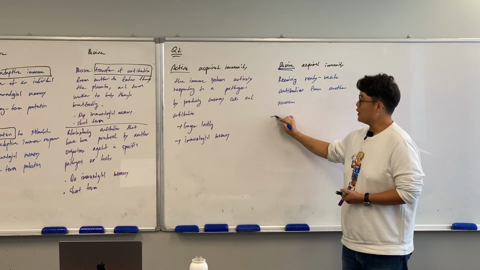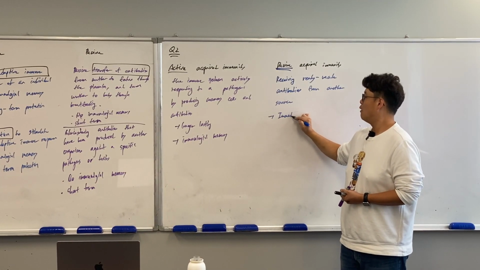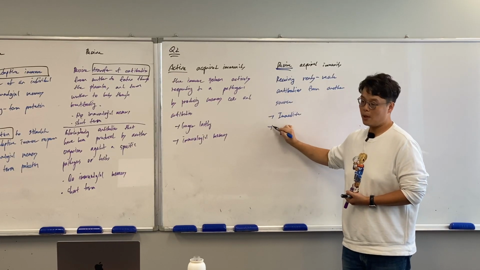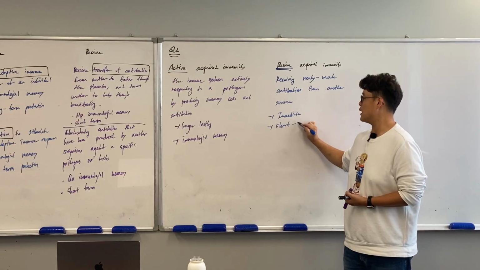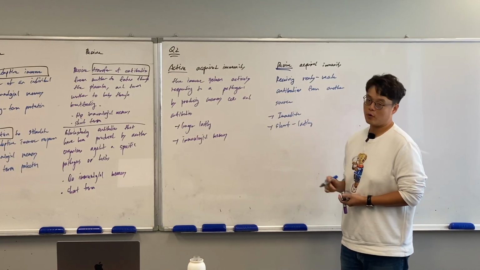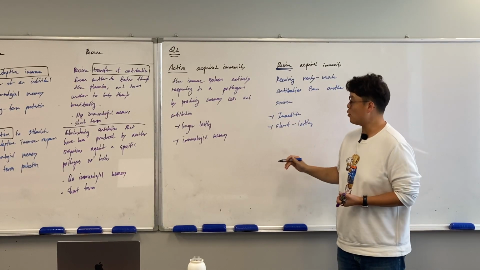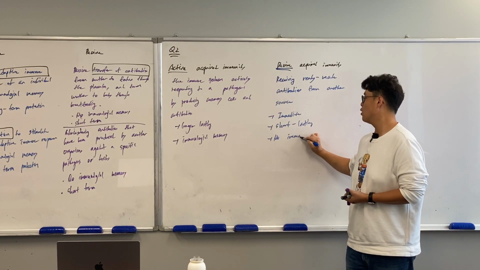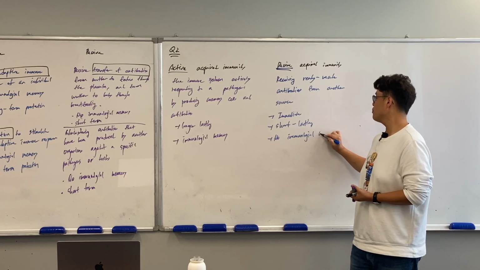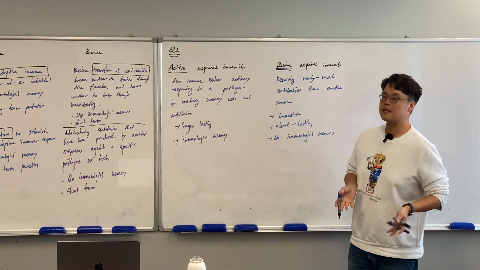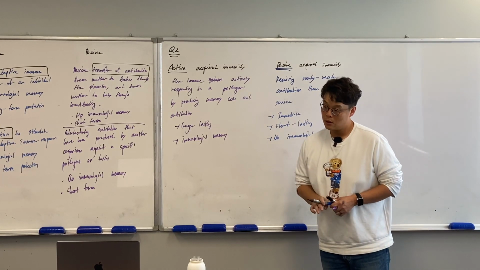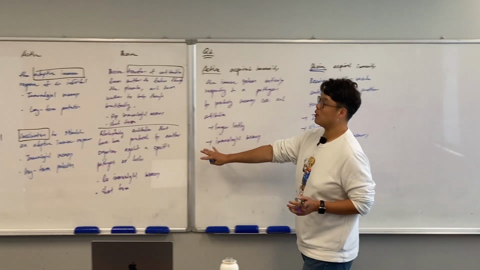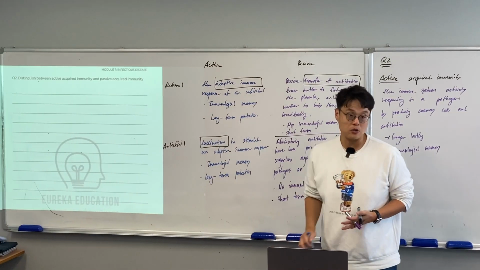It is very immediate in terms of acting, but it is only short lasting. It doesn't go for long, and there is no immunological memory, because we simply don't have the memory B and T cells for that. It can also be natural or artificial, as I gave you in the table of active and passive, natural and artificial.